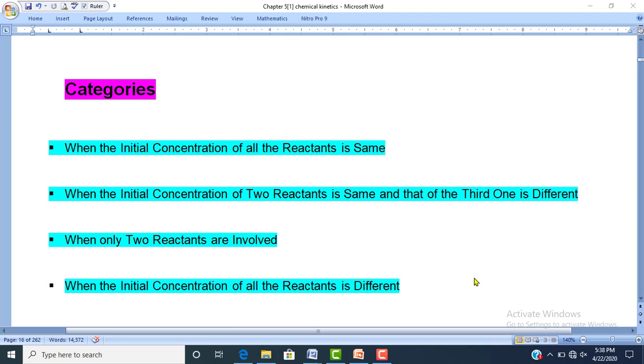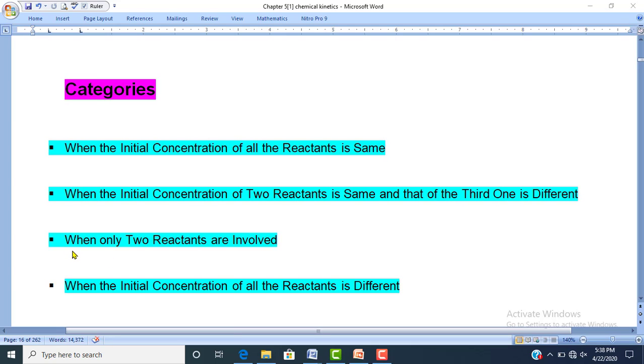Third order reaction when the initial concentration of all the reactants is same. Second category, when the initial concentration of 2 reactants is same and that of the third one is different.